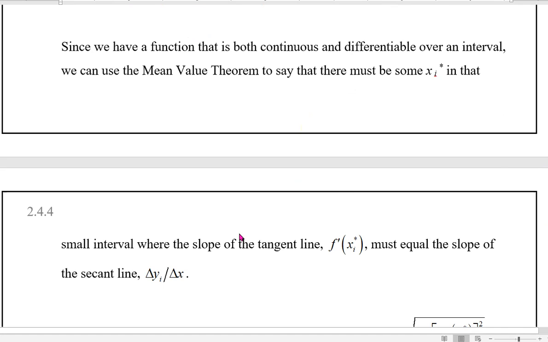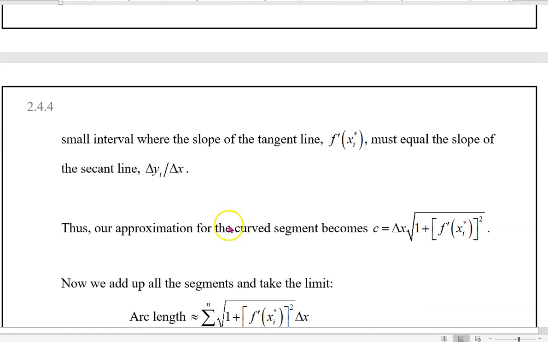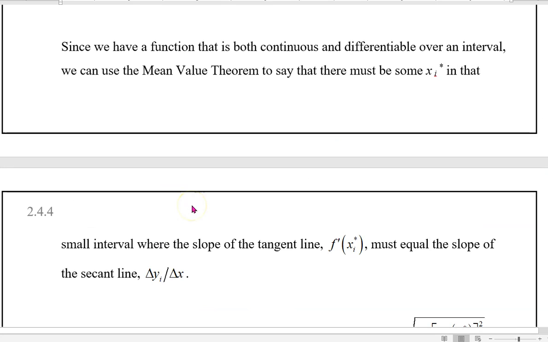The secant line is the one that's connecting the two endpoints. And so there must be some point that we can call x sub i star where we have the slope of that secant line that's cutting across.